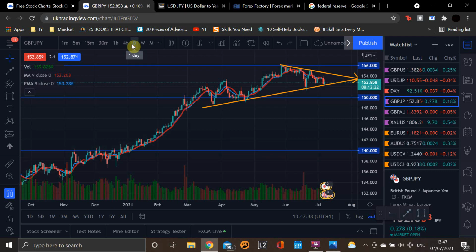What could this be? You have an uptrend going on here from the daily. It's a clear uptrend from the daily.